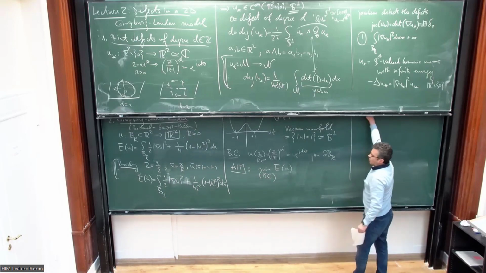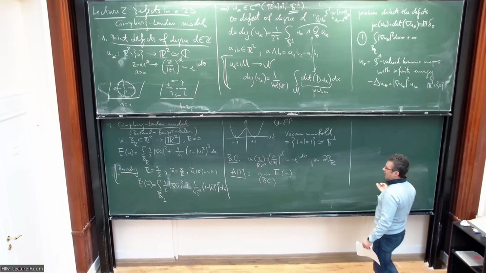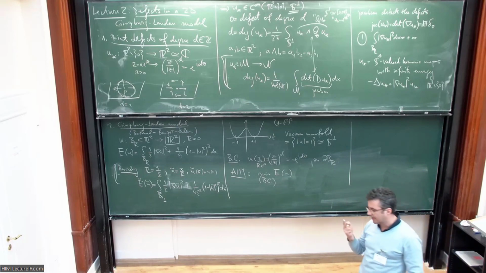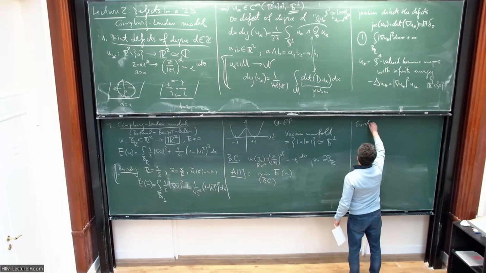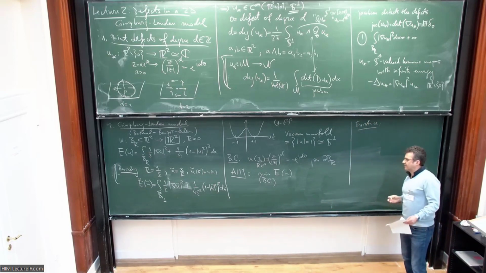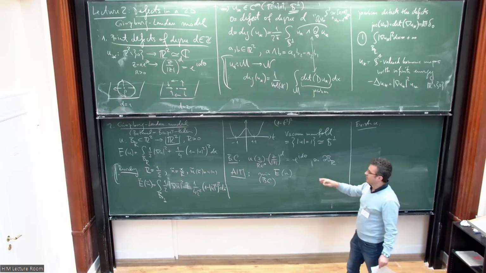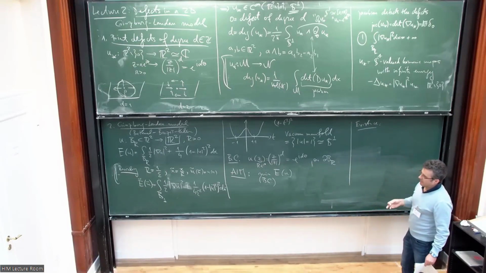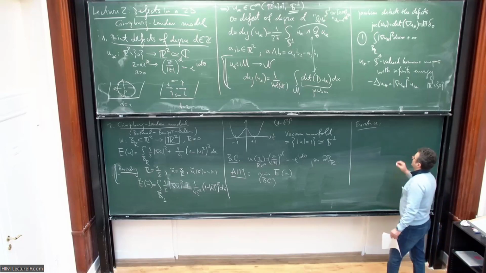Okay, so when you look at a minimization problem like this, there are 3 things you should know: existence, regularity, and uniqueness. Okay, so let's see. Existence is nothing but the direct method of calculus of variations, right? You have H1 with compactness, the energy is lower semi-continuous with respect to this topology, so the minimizer exists.